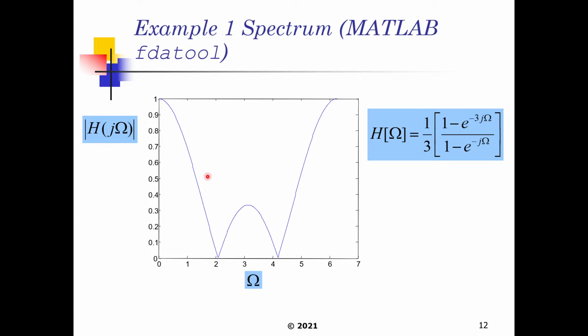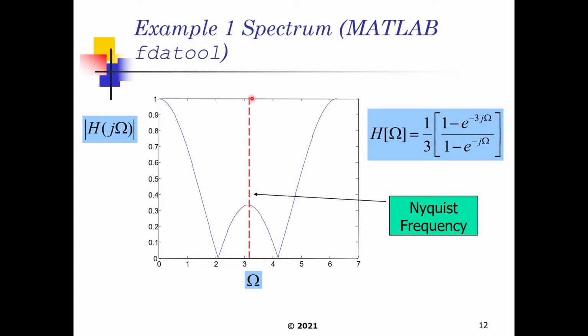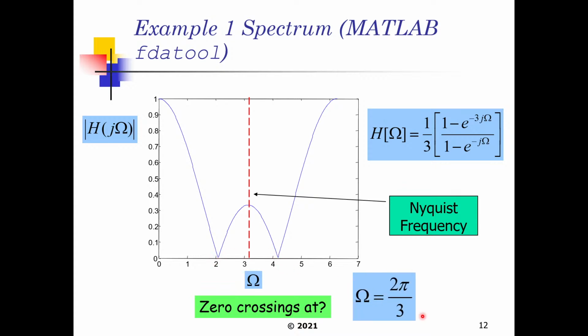So in this particular example, when we plot our magnitude response versus our digital frequency omega, we see that we get our filter response looking like this in particular. At the centralized frequency here, which is going to be our Nyquist frequency that we intend to match, the zero crossings here at these points are going to be spaced at 2 pi divided by 3.